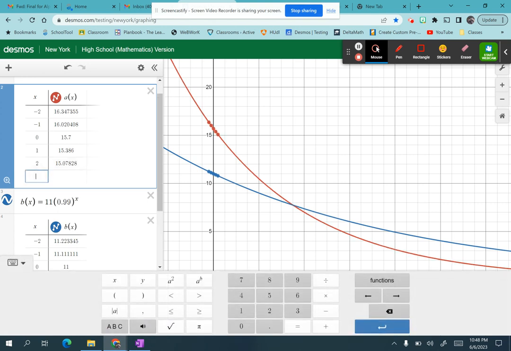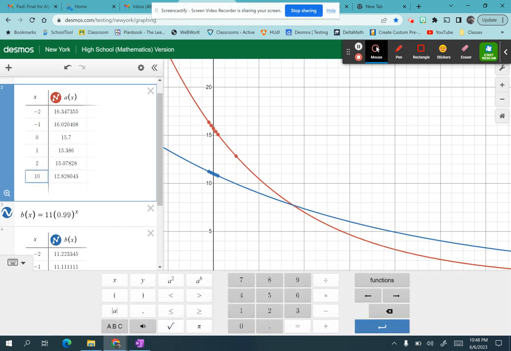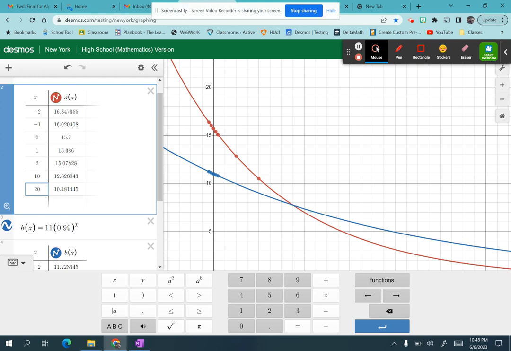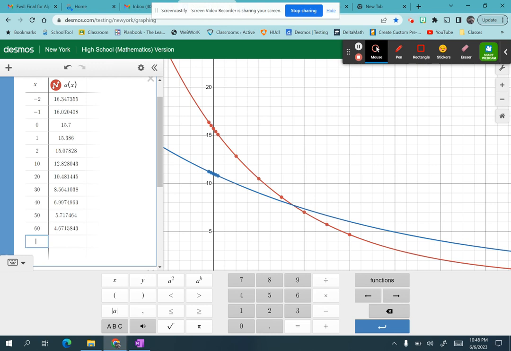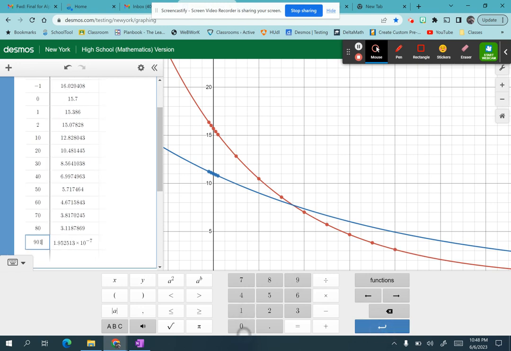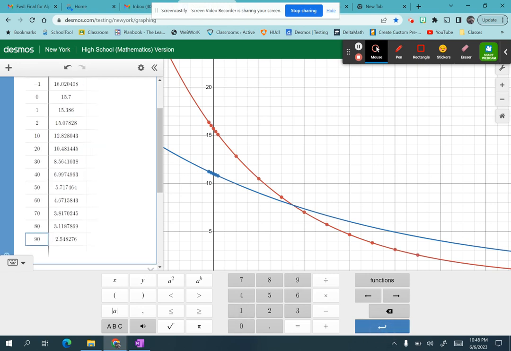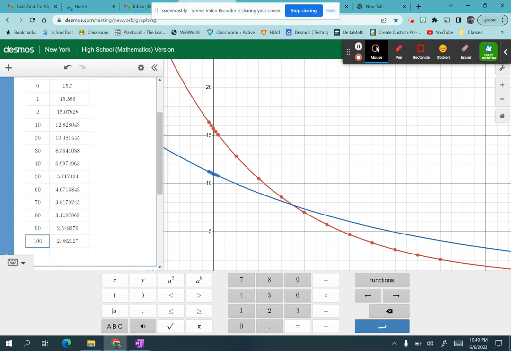So we want to go 10, 20, 30, 40, and keep going. And you can see where your points are all going to come up on your graph. 70, 80, right? All you're doing is typing in numbers. That's all you're doing.